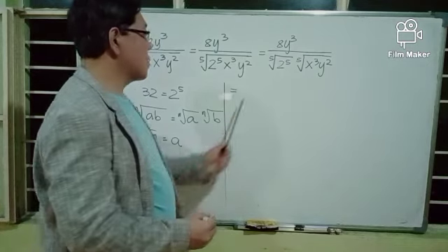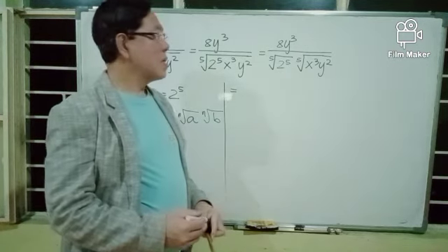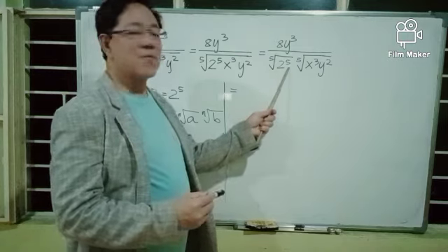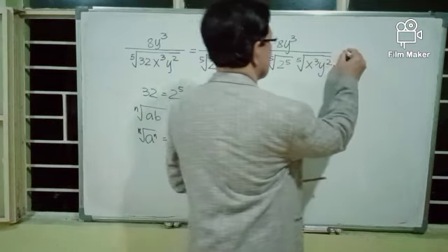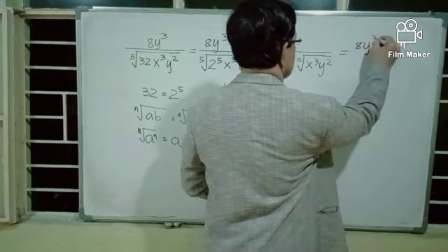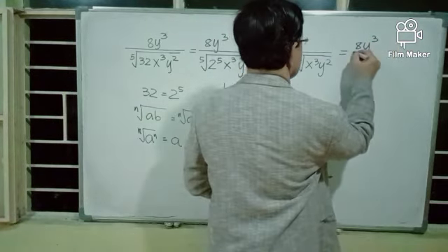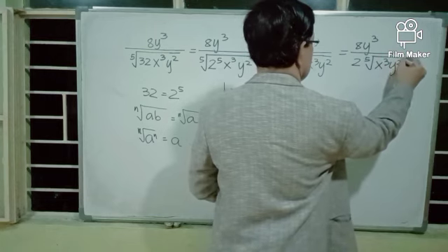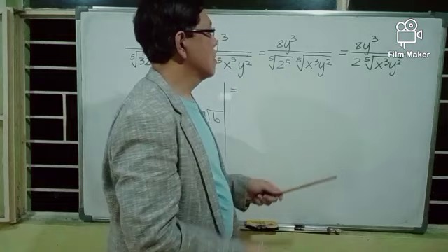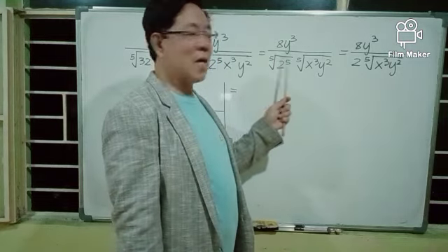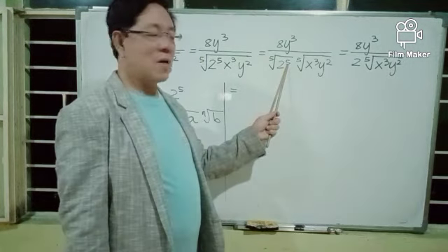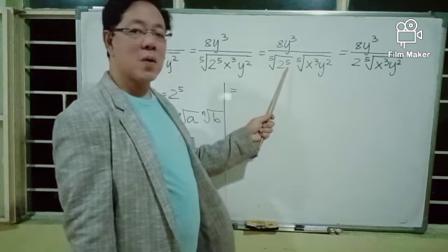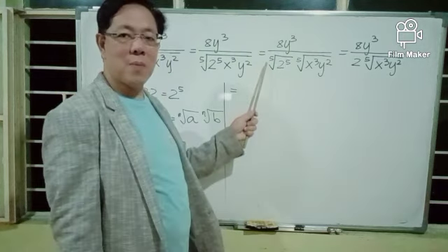And applying this property to the fifth root of 2 raised to 5, the fifth root of 2 raised to 5 is simply 2. The numerator is 8y cubed divided by the fifth root of 2 raised to 5, because the exponent 5 of 2 is the same as the index 5 of the radical sign.